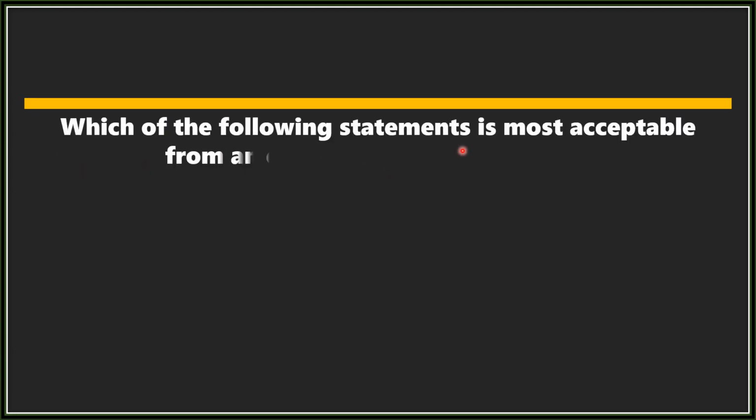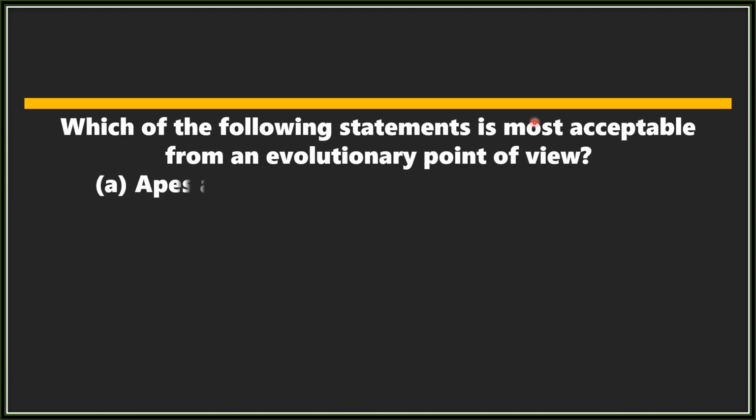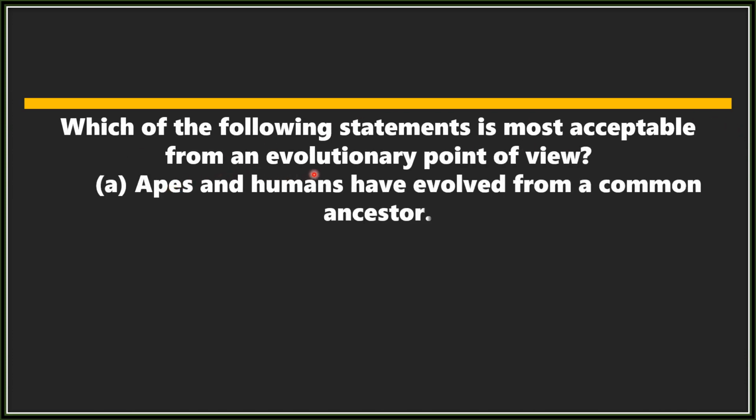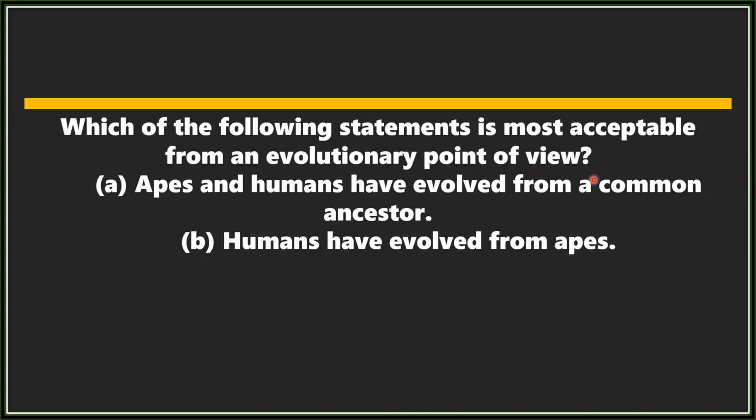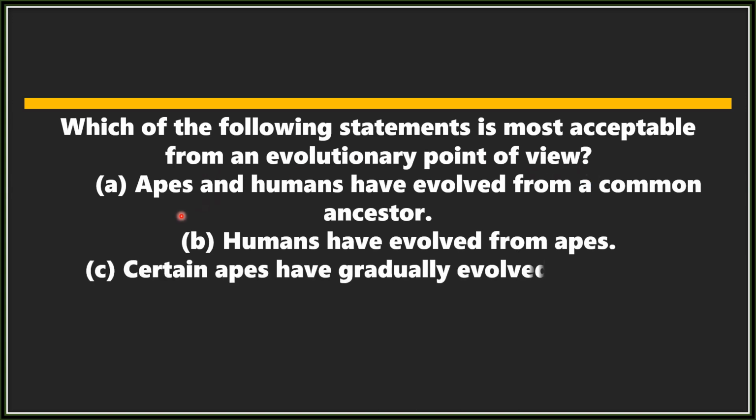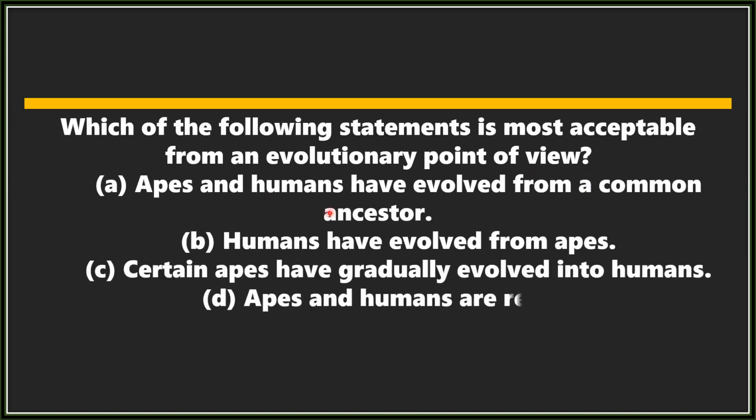Which of the following statements is most acceptable from an evolutionary point of view? A. Apes and humans have evolved from a common ancestor. B. Humans have evolved from apes.